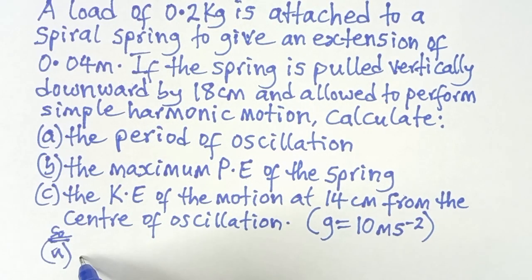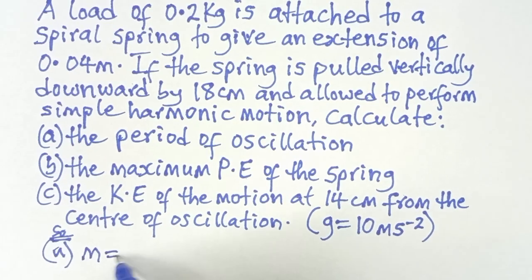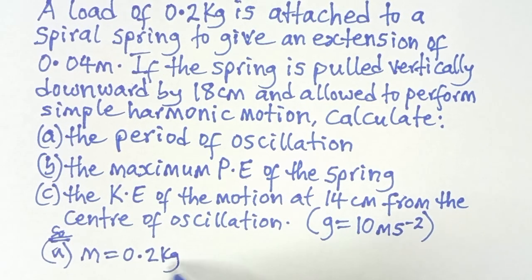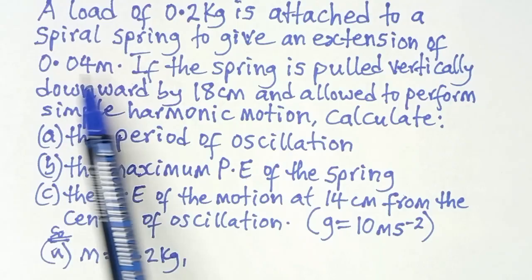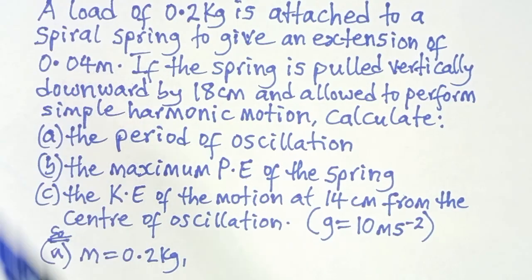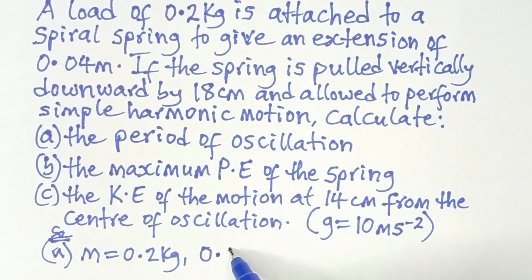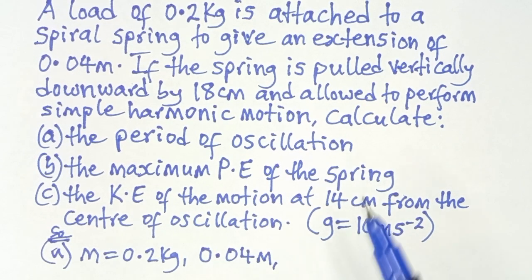M for mass is equal to 0.2 kilogram. Then the next thing we are given is the extension of 0.04 meter. So we take down the extension, which is 0.04 meter. And then what else are we given?